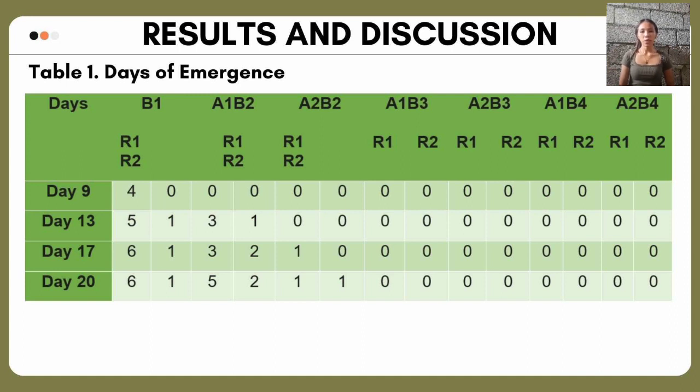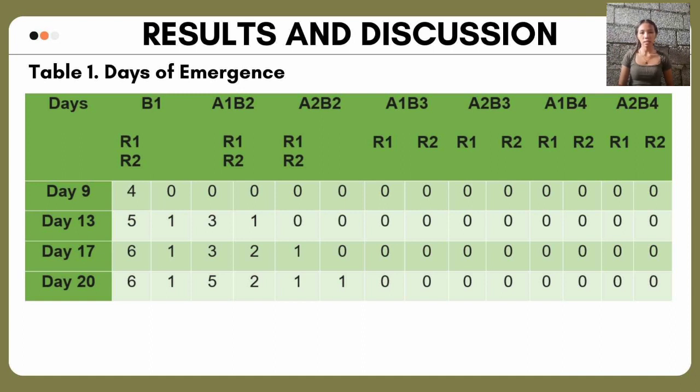However, in the ambient storage condition, or A2B2, replication 1 showed 0 out of 10 emergence, while replication 2 exhibited no emergence. This contrast highlighted the potential advantage of refrigeration over ambient storage.